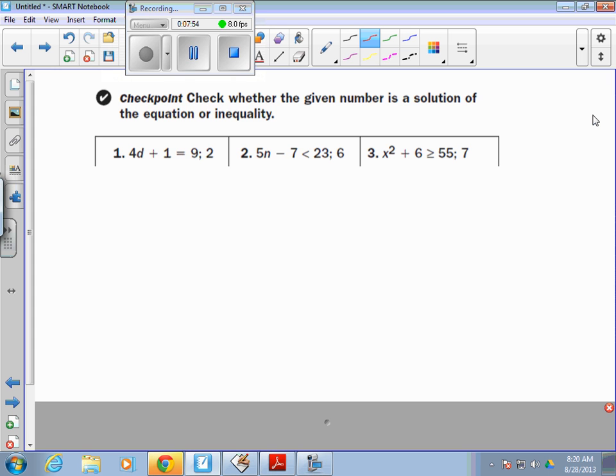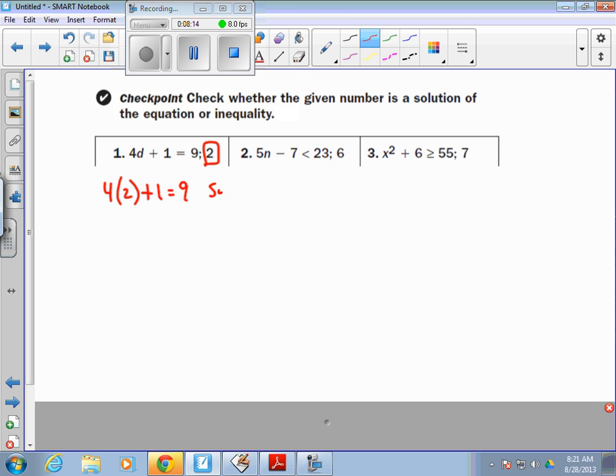And then we have 3 checkpoint problems. It says check whether the given number is a solution of the inequality. Here's your given number. It kind of falls after the problem, after the semicolon. So 4d plus 1 equals 9. So when you plug in 4 times d, we know that means 4 times 2. That's substituted in. Plus 1 equals 9.